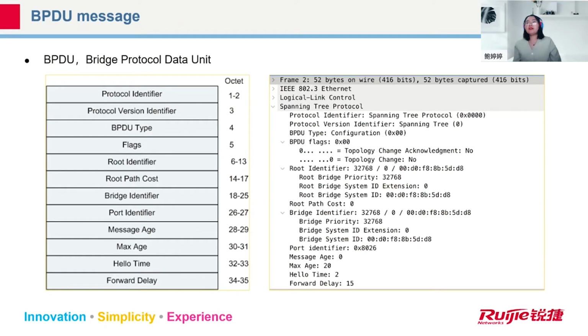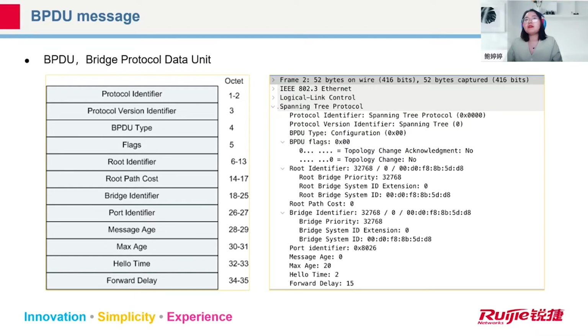The BPDU is very important because everything will be added into the BPDU, and the other side receives this message, compares this information, and finally we will decide who is root and what's the interface type. And in the BPDU, there are so many parameters. On the right, I used Wireshark to get one example for you.